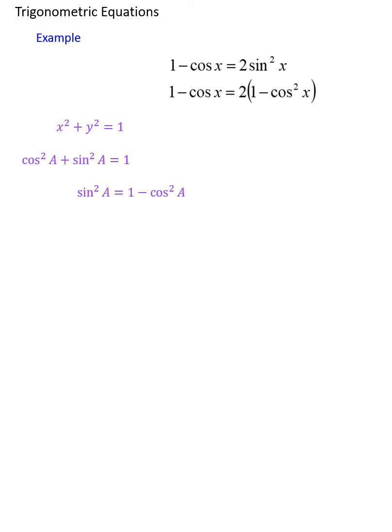Now, this might seem like a very strange thing to do. After all, by doing this, I've actually made the equation more complicated than it was to start with. But I'll tell you why it's not actually more complicated. We've actually made progress because now we have an equation with only cosines in it.